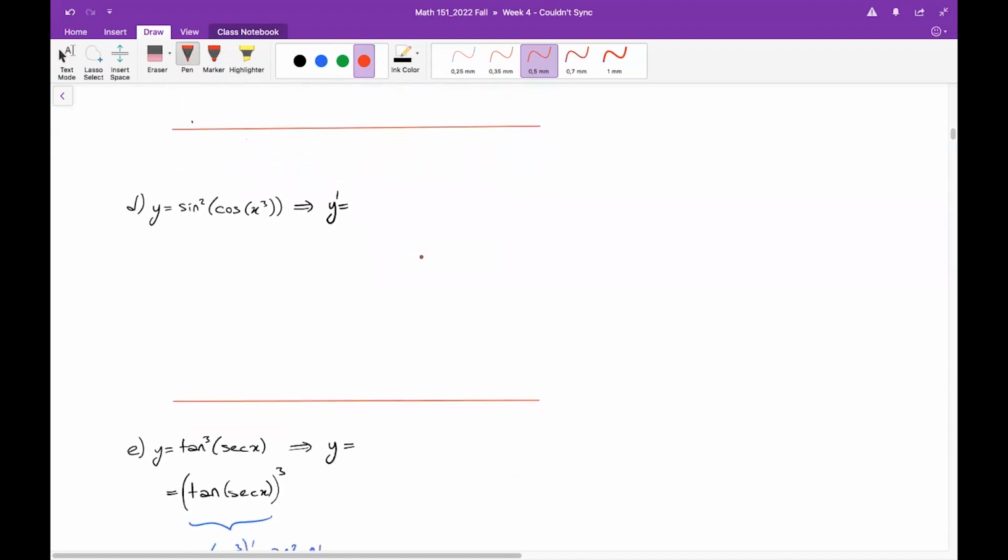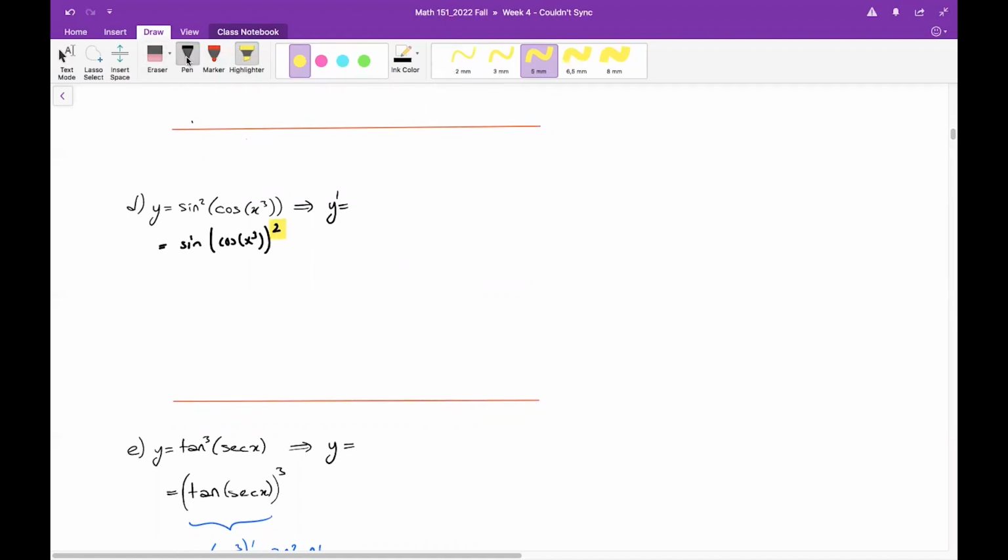Okay, let's move on with the more complicated ones. Look at this function. Again, the most outer one is the power function. Let's rewrite this composition function as this. So the most outer function is taking square again.